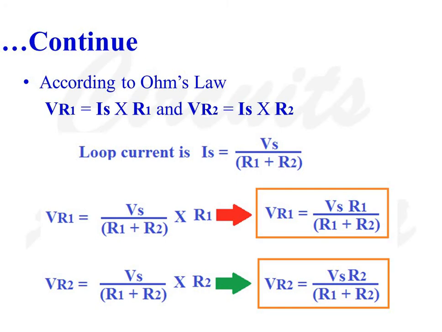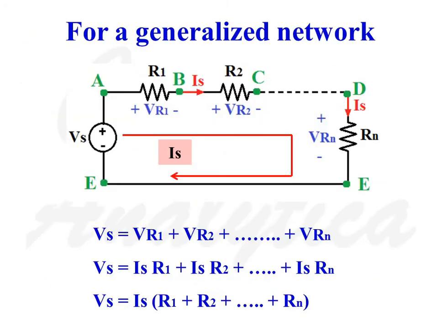We can rewrite VR1 as Vs into R1, the whole divided by R1 plus R2. Similarly, VR2 is equal to Vs into R2, the whole divided by R1 plus R2.